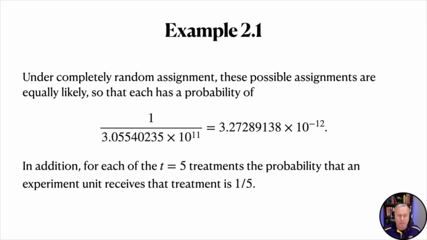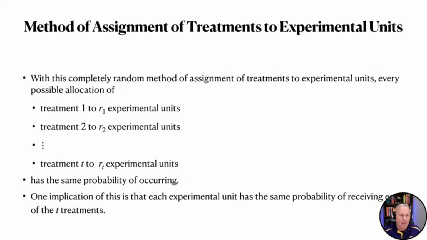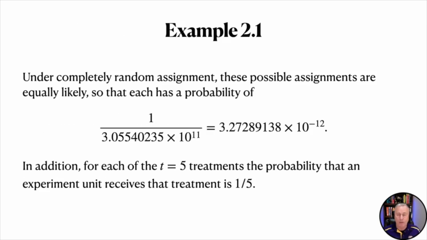Now, in addition, let's go back and look at what we talked about just a minute ago. One implication of this completely random method of assignment is that each experimental unit has the same probability of receiving each of the T treatments. For example, if we consider experimental unit 1, then the probability that experimental unit 1 would receive treatment 1 is equal to 1 over 5, again, 5 being the number of treatments.